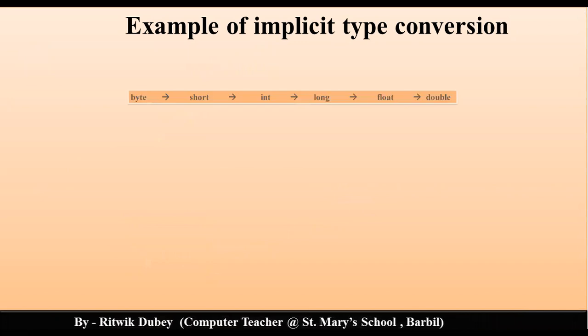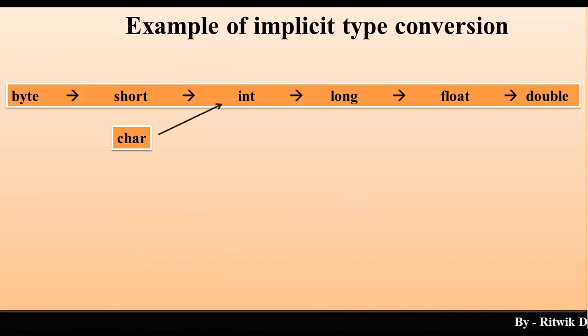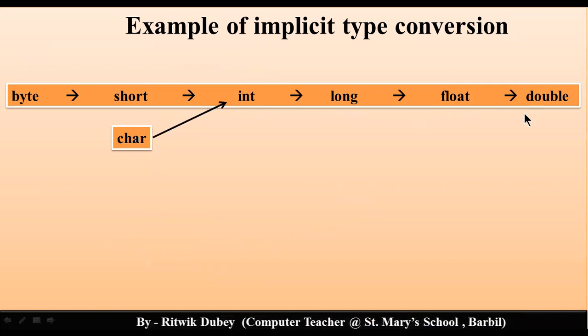Now, the requirement is you will think and you will decide what the statement will be. Suppose the scenario is this: same chart. Byte to short, short to int, as well as char to int, int to long, long to float, float to double. Clear?